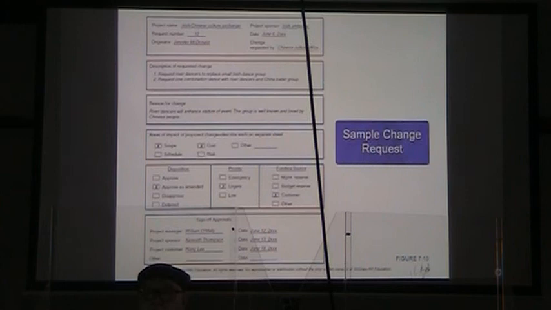The group is well known and well loved by the Chinese people. Then we have the areas of impact for that proposed change. So it's a change in scope and in cost. The disposition is that it's going to be approved as amended. The priority is urgent. Funding source is the customer. And then we have the sign-offs at the bottom here.